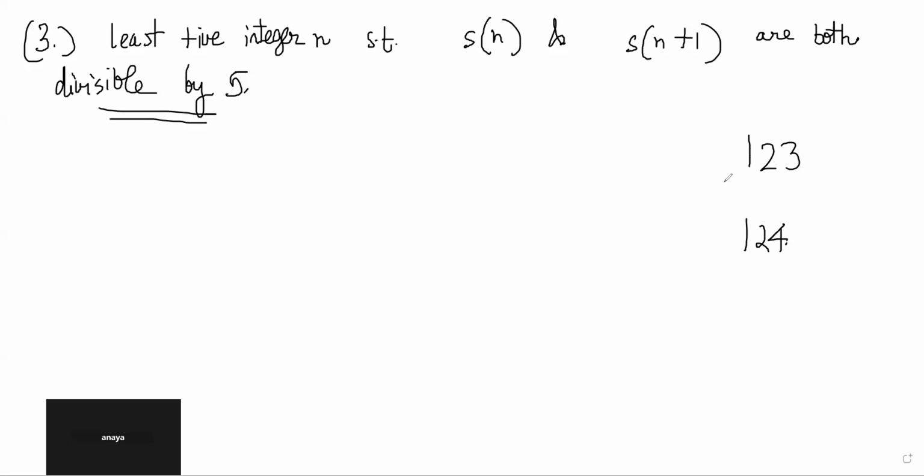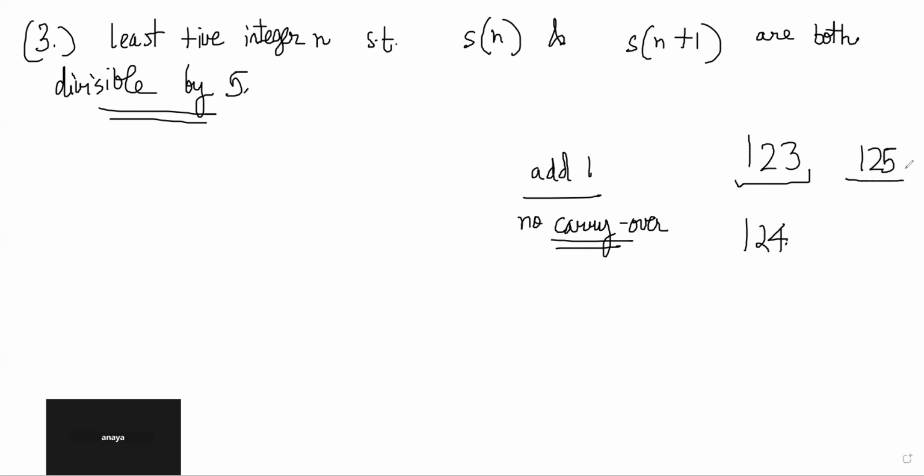Right. This is a typical number where when you add 1, there is no carryover. Yes. If there is no carryover, the sum of the digits, if it is divisible by 5, for example, it would have been divisible by 5 if I had done 1, 2, 2 rather.